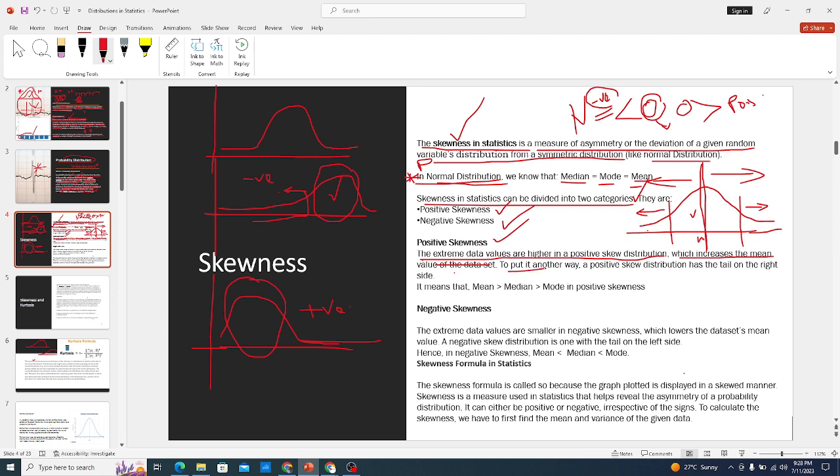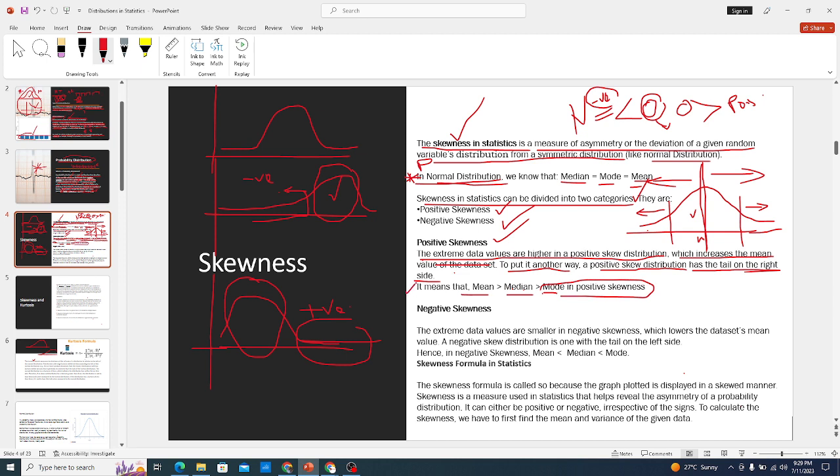To put it another way, a positive skewness distribution has a long tail to the right side. Meaning that the mean is greater than the median, and also greater than the mode. Mean is greater than median, median is greater than the mode in positive skewness.